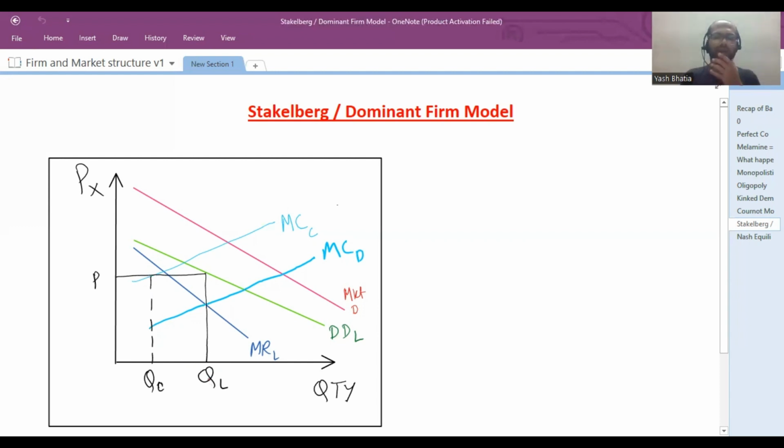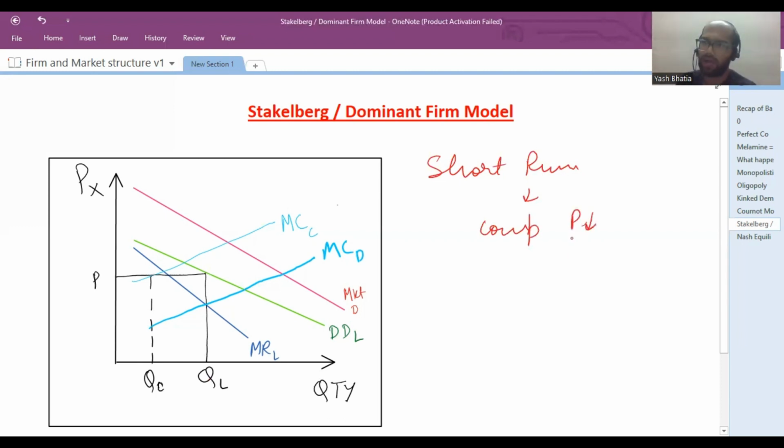Okay, so what happens is, if in the short run, any competitor tries to reduce the prices and tries to compete with the dominant firm. In the short run, we are talking of the short run only. In the short run, the chain is like this. Competitors try to reduce prices. What happens?